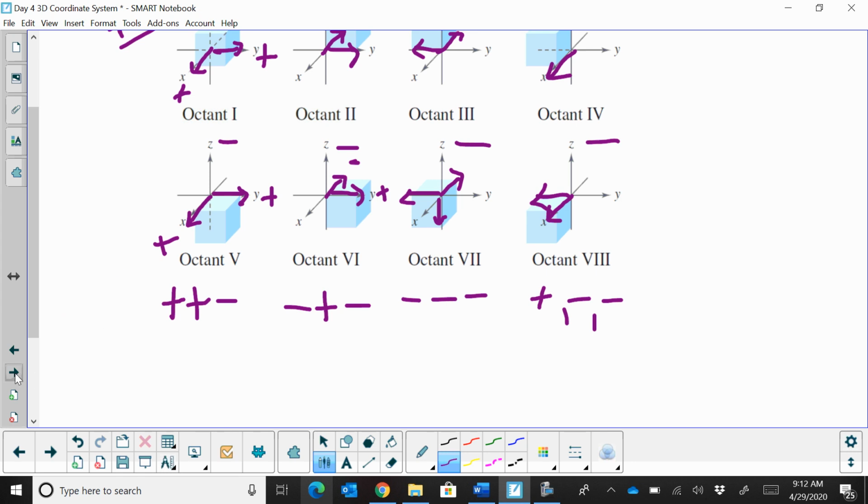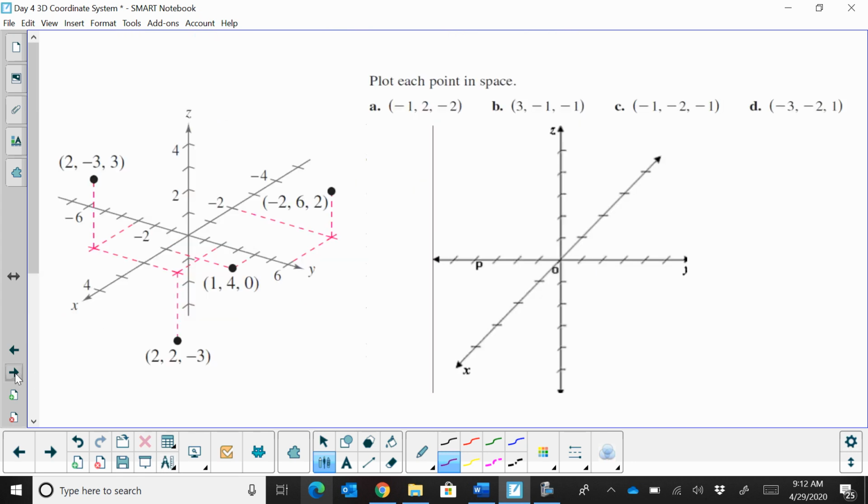And we do want you to be familiar with the octants. So let's try plotting points in 3 dimensions. Okay, here's some examples so you can see them. Like, for example, this one is +2, so this is my x direction, and I'm going to come forward 2. Then it's -3, so I'm going to go left.